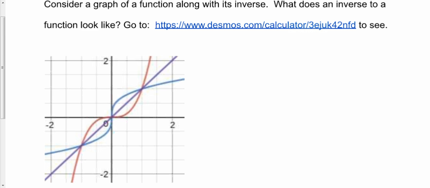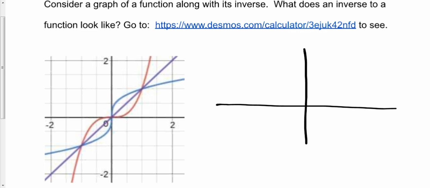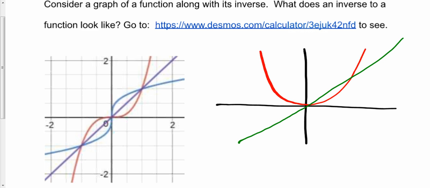Now, let's look at, I'm just going to sketch this up here. Let's look at my parabola and compare it with my identity function.